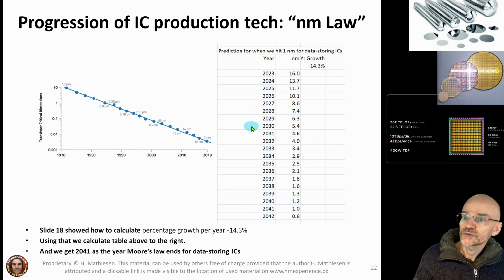But I have made the graph, of course. This is a previous graph. We have this nanometer law minus 14.3%, and then we just take the Excel spreadsheet that can be downloaded, by the way, with all the data in it. We plot in 2023, 16 nanometer, and then we use this growth.